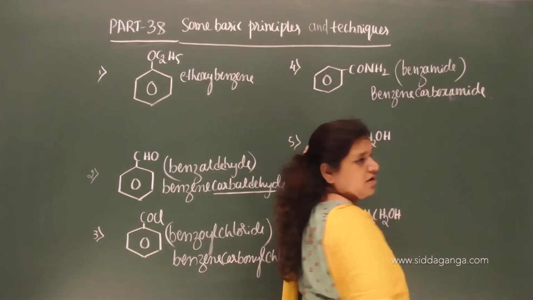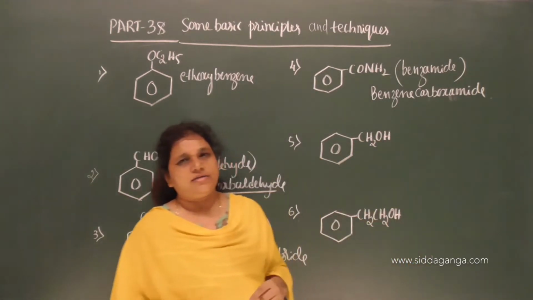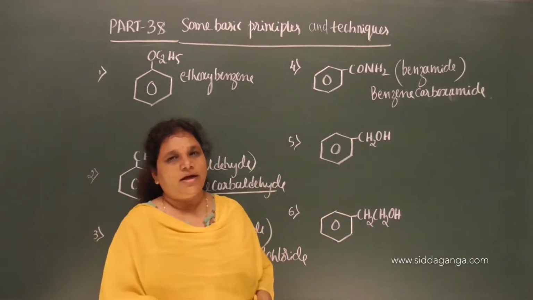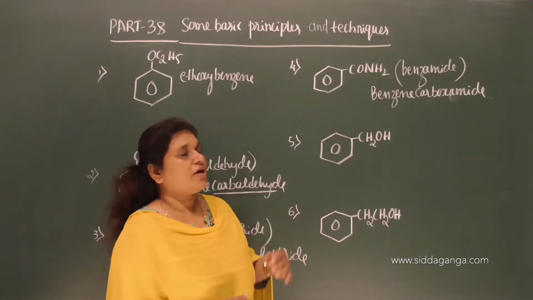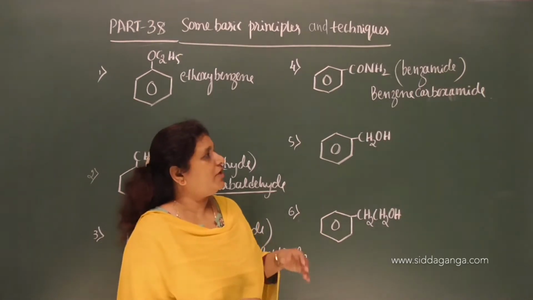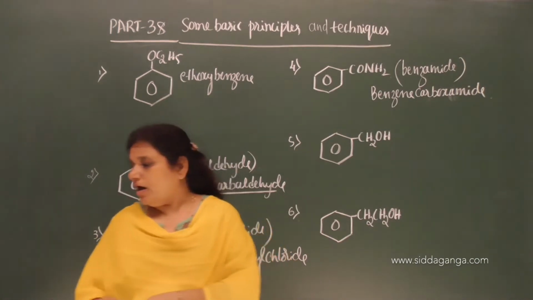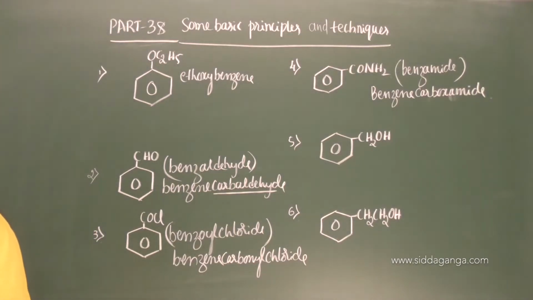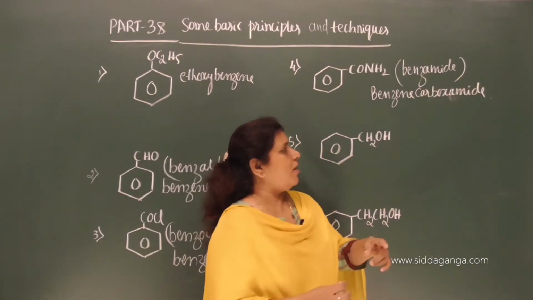So benzene carboxamide is the IUPAC name because carboxamide is the secondary suffix for a carbon-containing terminal functional group, because we are not considering the carbon atom of the functional group here. Therefore, we need to use the special secondary suffix, that is carboxamide, the IUPAC name of C6H5CONH2. So that is benzene carboxamide.